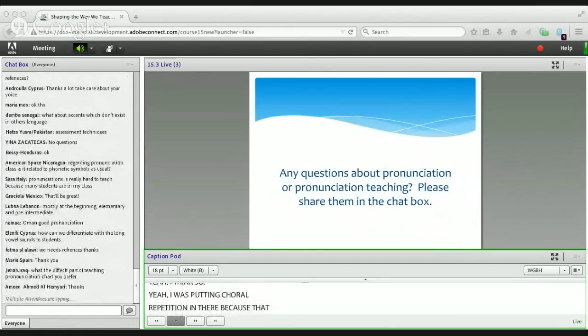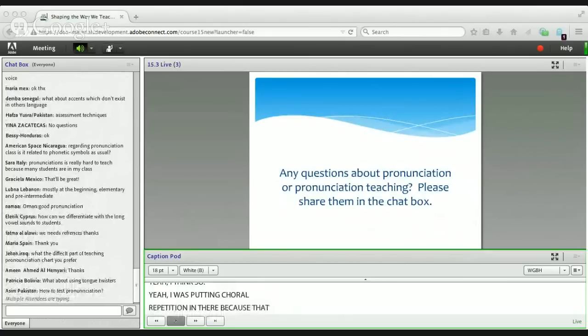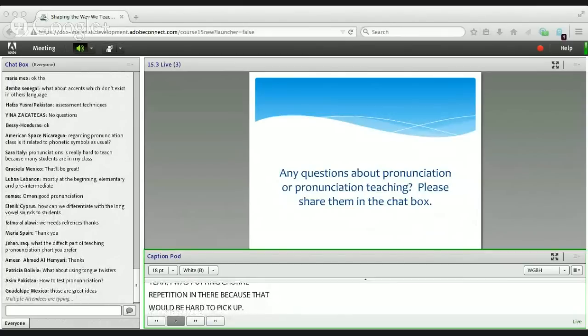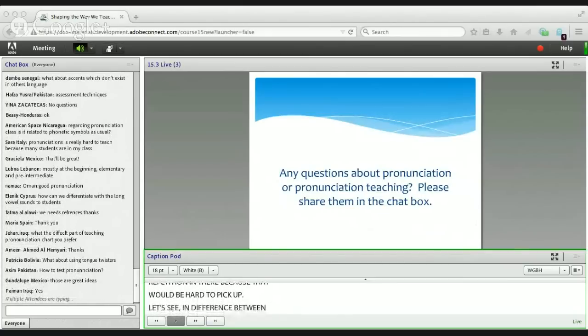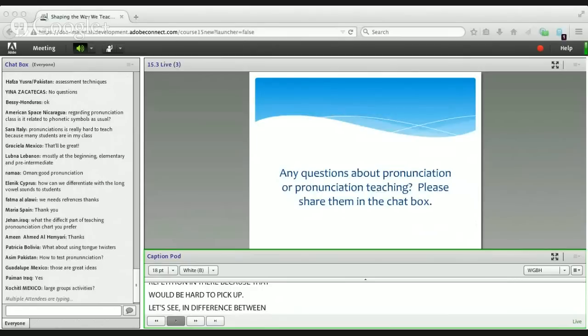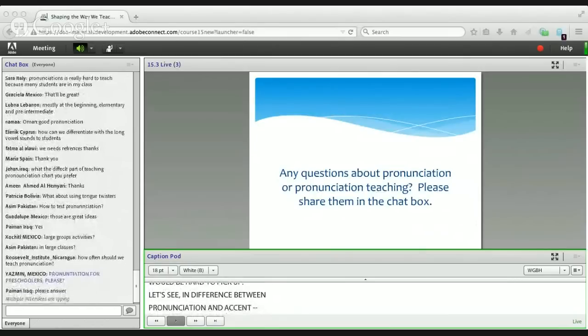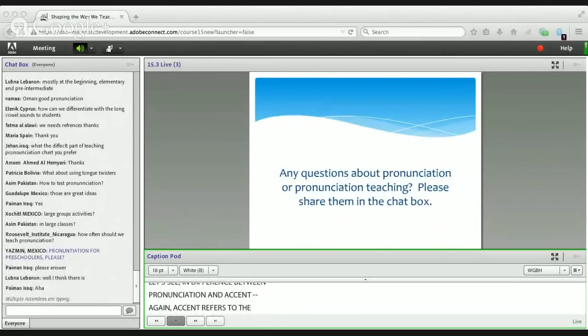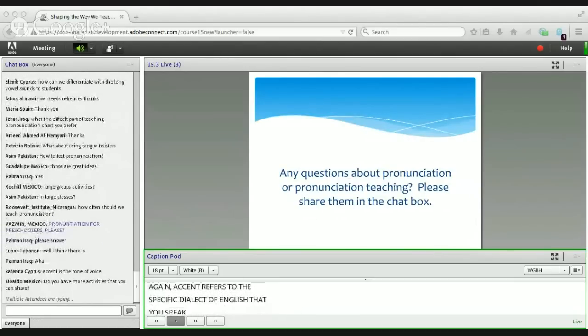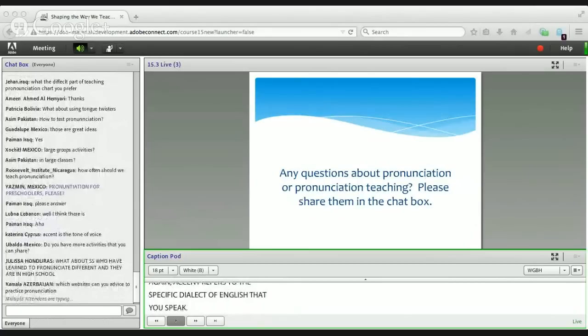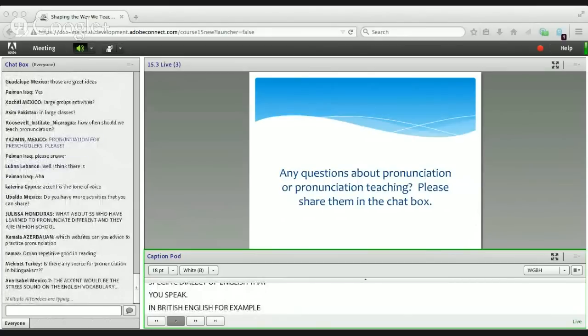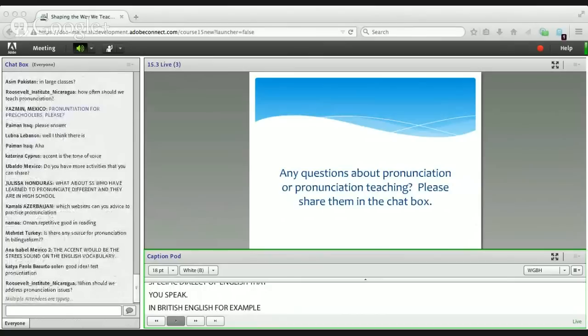Let's see. The difference between pronunciation and accent. Again, accent refers to the specific dialect of English that you speak. So in British English, for example, they're going to say water, roughly. I'm not a British English speaker, but water. And then in American English, you're going to have water.